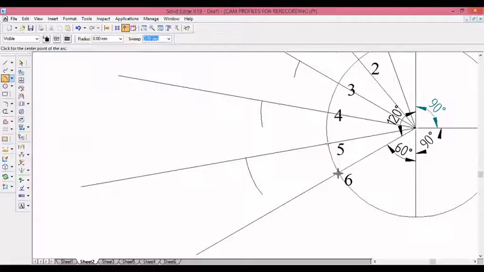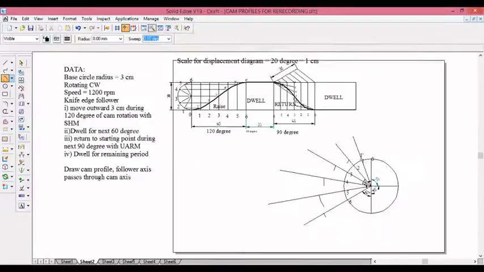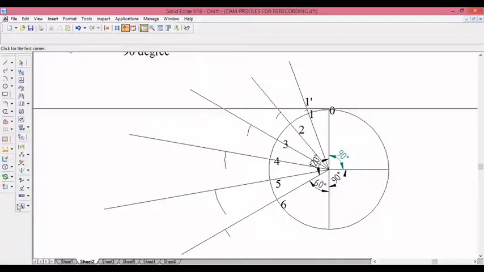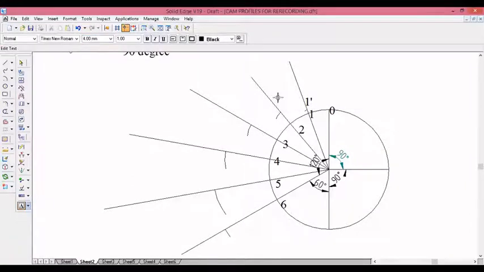And finally, at 6, you cut an arc. So these are the measurements we taken from displacement diagram. This is 1 dash, this is 2 dash, this is 3 dash, 4 dash, 5 dash, 6 dash.